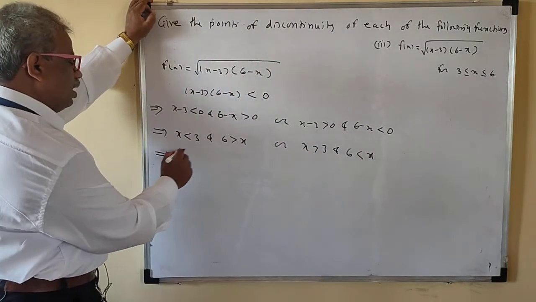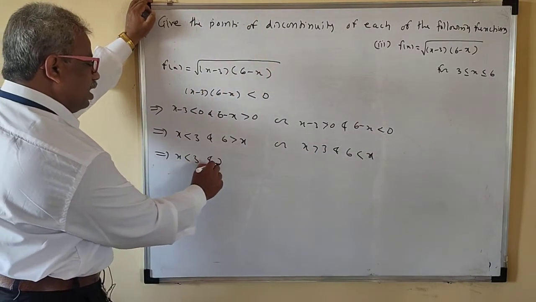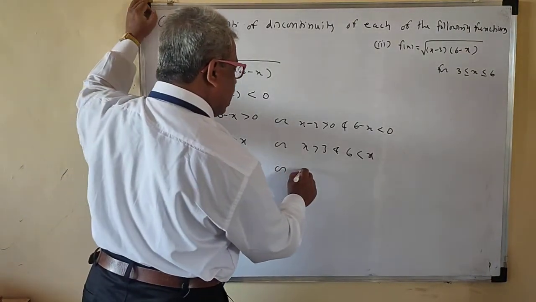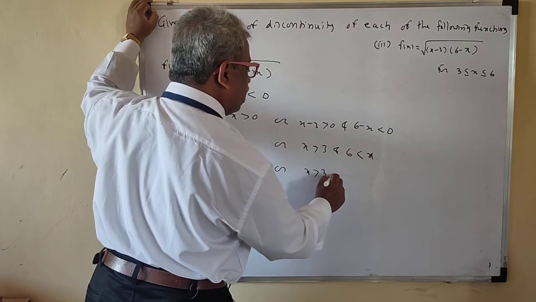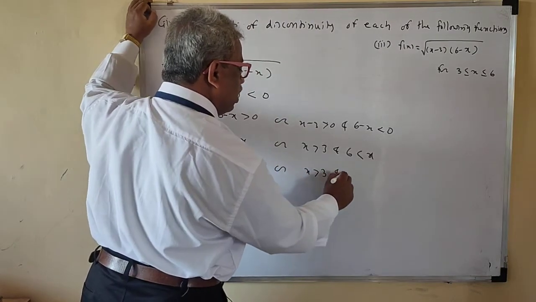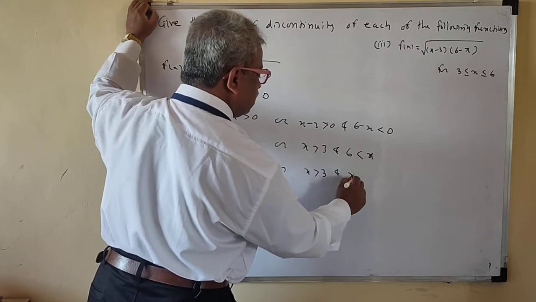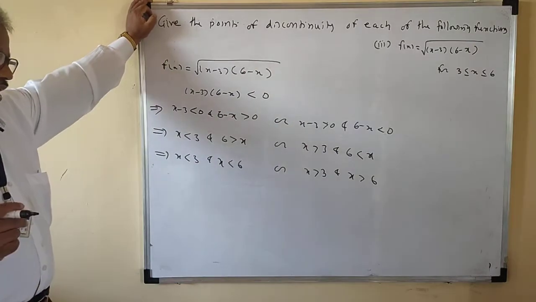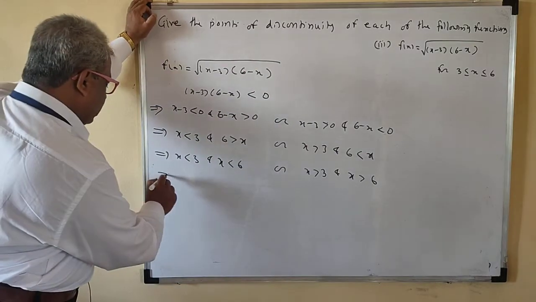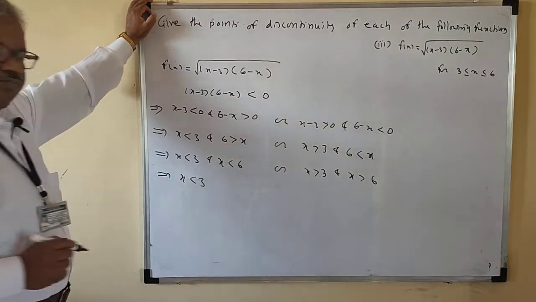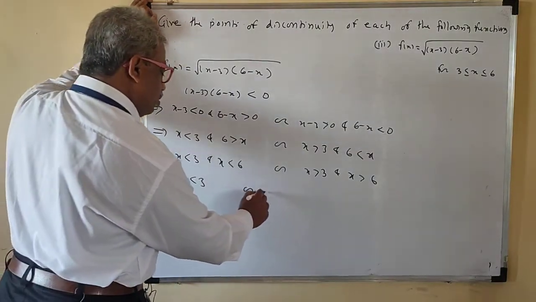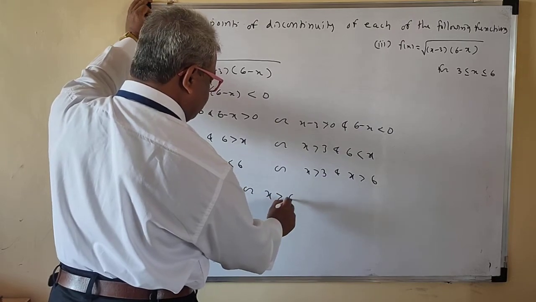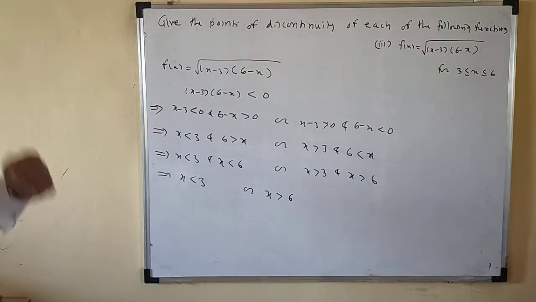What does this imply? x is less than 3 and x is less than 6, or x is greater than 3 and x is greater than 6. So x is less than 3 or x is greater than 6.